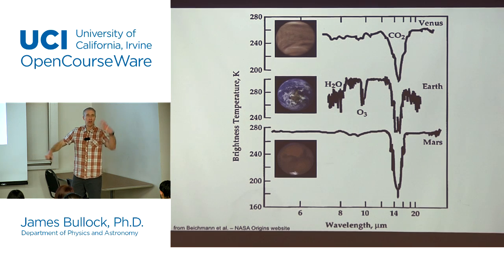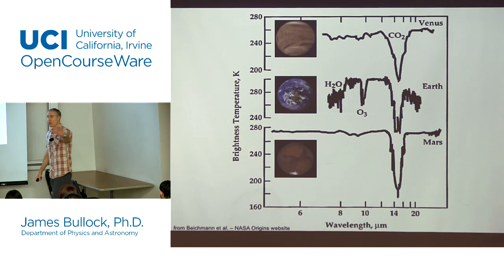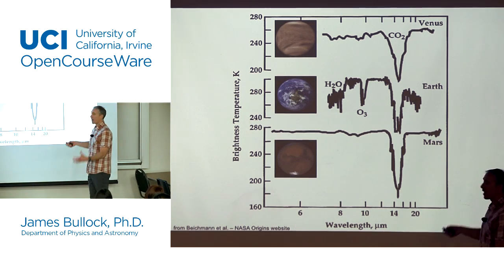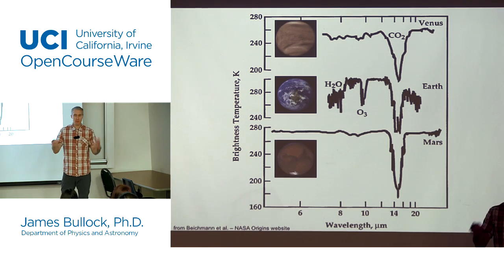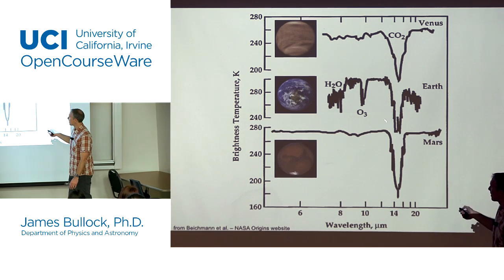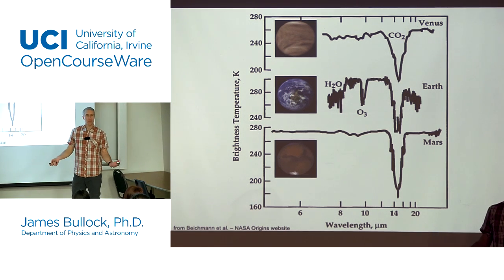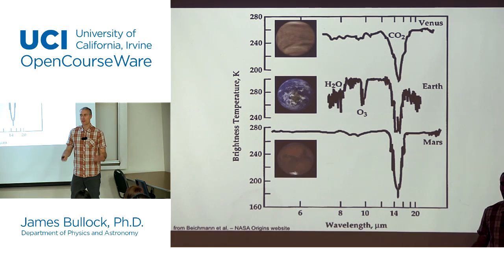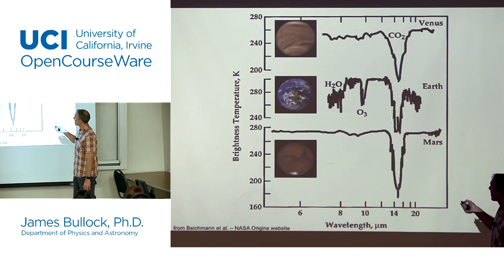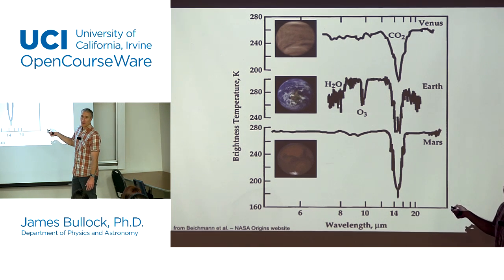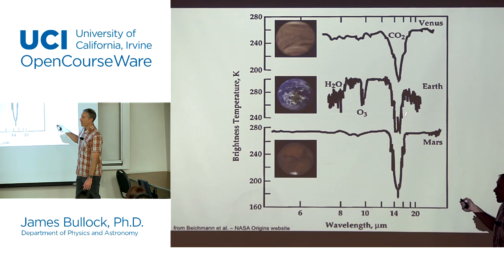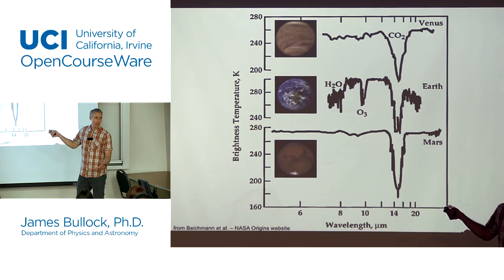Okay, so if you saw a distant planet that was in the habitable zone of a distant star, and you got all excited and you finally were able to measure its spectrum, and it looked like this, you'd say, wah, wah, it's probably more like Mars, right? So it's unlikely to have life. But if you took a spectrum of one of these things and it looked like this, and you saw ozone and water and all kinds of other stuff, you would get very excited, right?